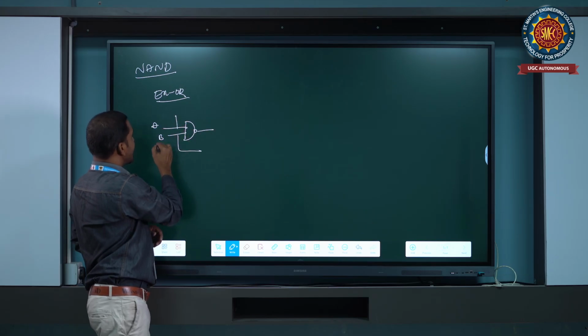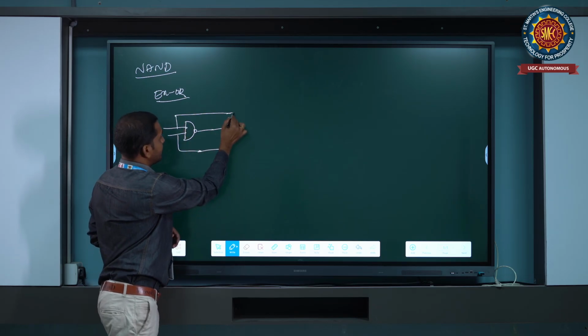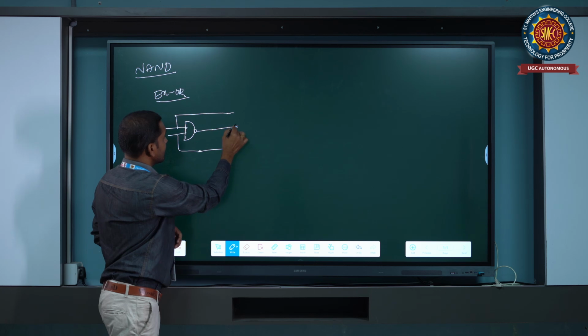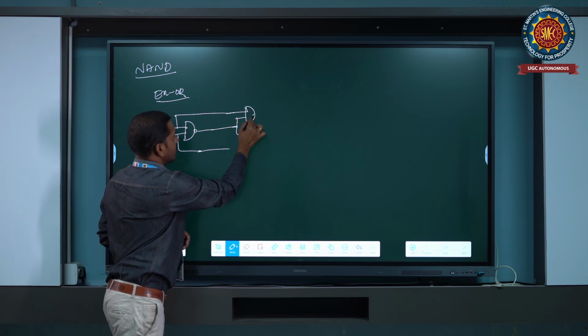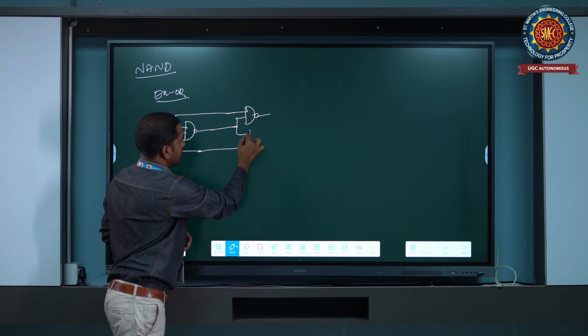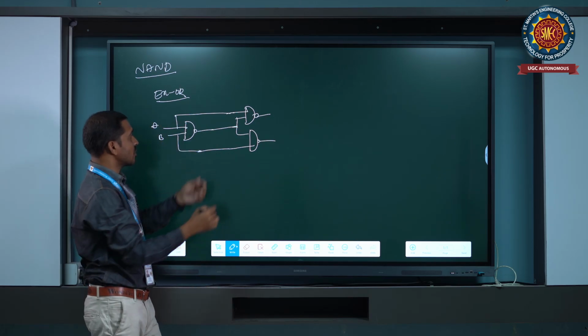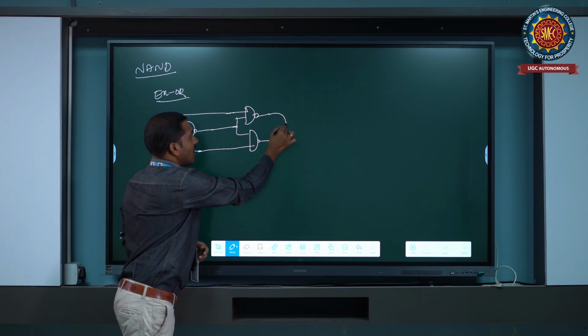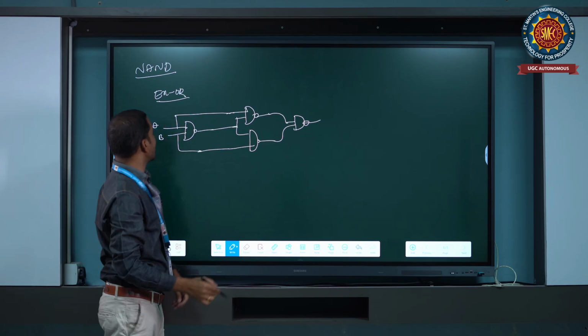A and B are the inputs. The inputs are given to the NAND gates, and the final output comes from a 2 input NAND gate.